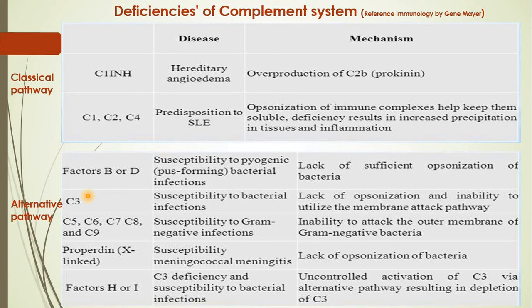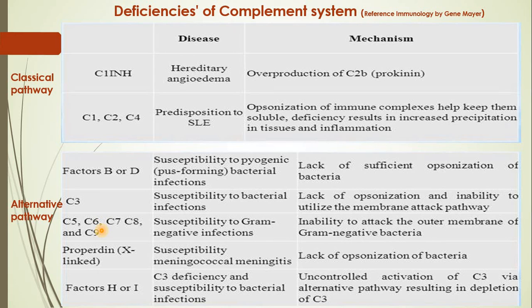With reference to alternative pathway, deficiency in factor B and D results into lack of sufficient opsonization. If there is some deformation seen with reference to C3, it also causes lack of opsonization and inability to utilize the membrane attack pathway.